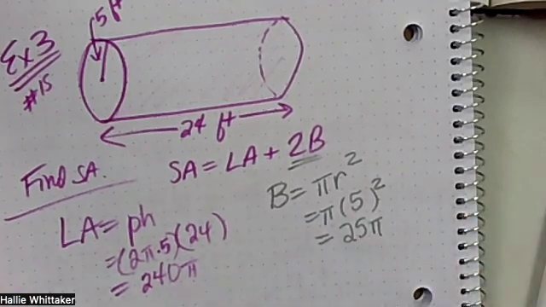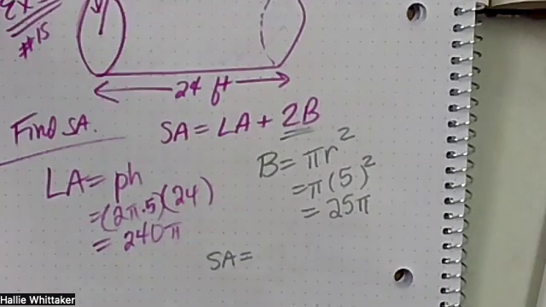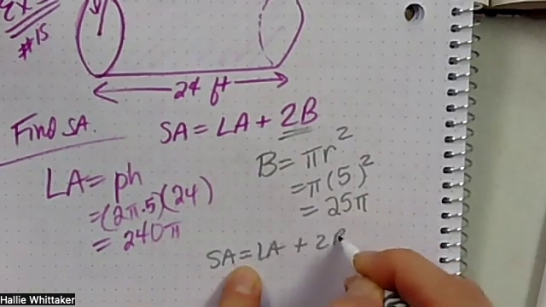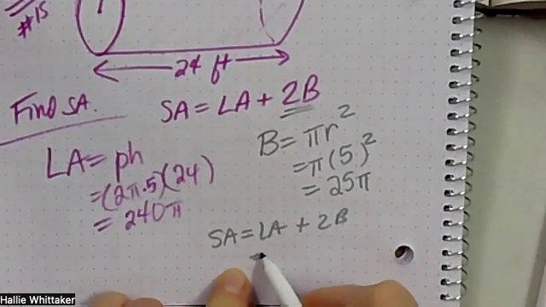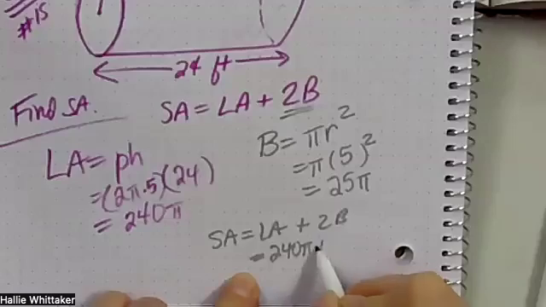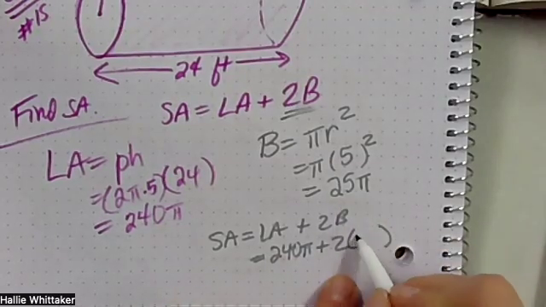Okay, so let's take everything and put it in. Who wants to help me with this to wrap it up? Allie, help me. Okay, lateral area plus 2 times the base. What is my lateral area, Hallie? 240 pi plus 2 times, what's the area of one base? 25.